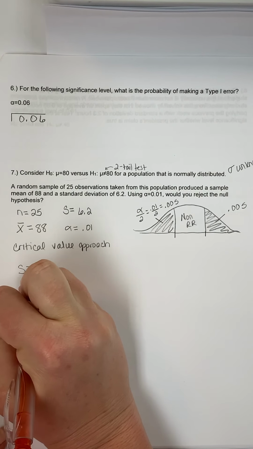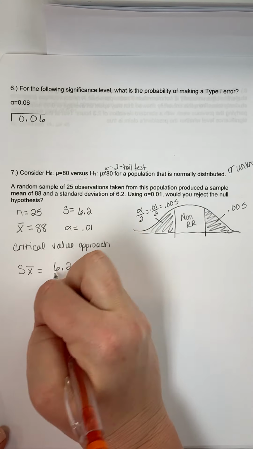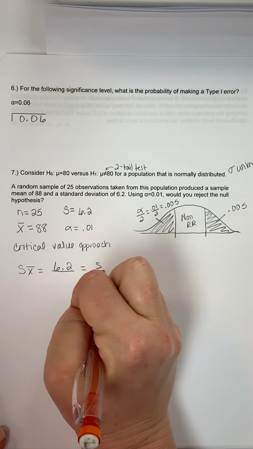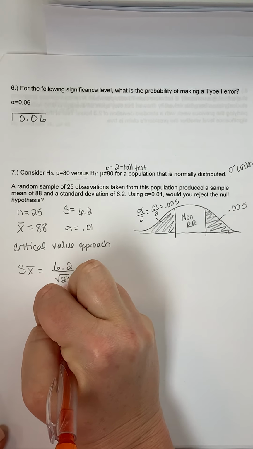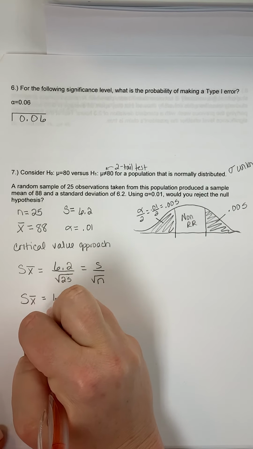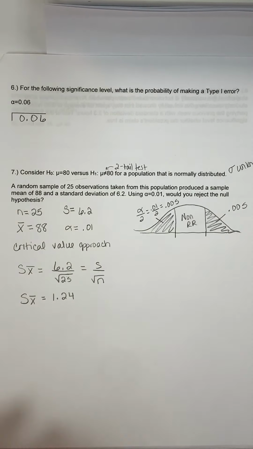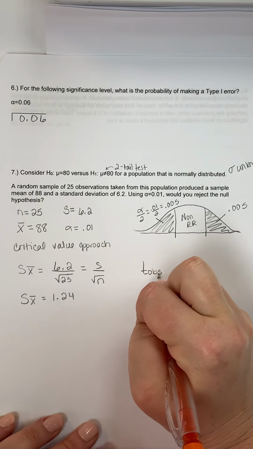So S of X bar is going to be S divided by the square root of N, so divided by the square root of 25. I'm going to take that out 4 decimal places if I can. Unfortunately, I can't. It just gives me 1.24.